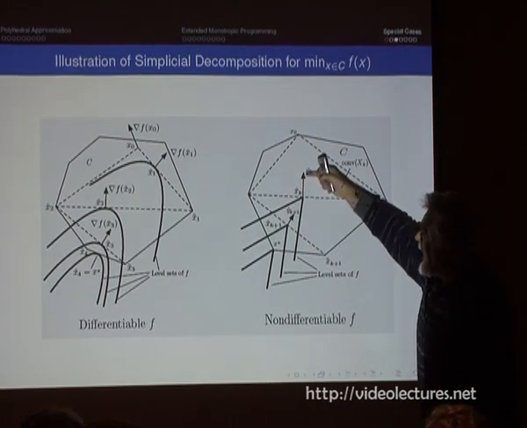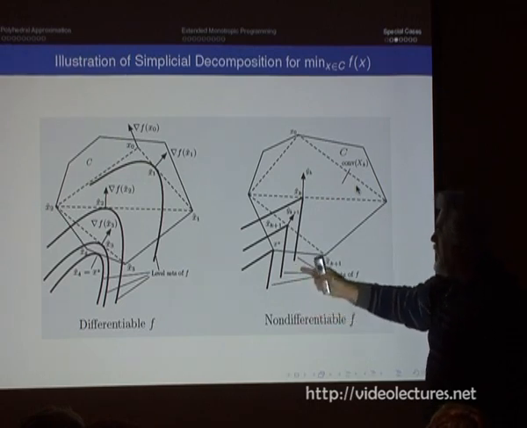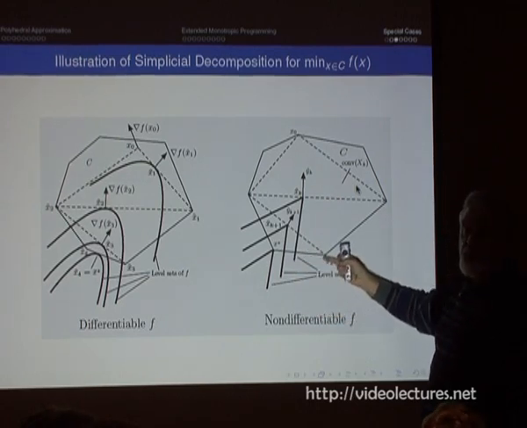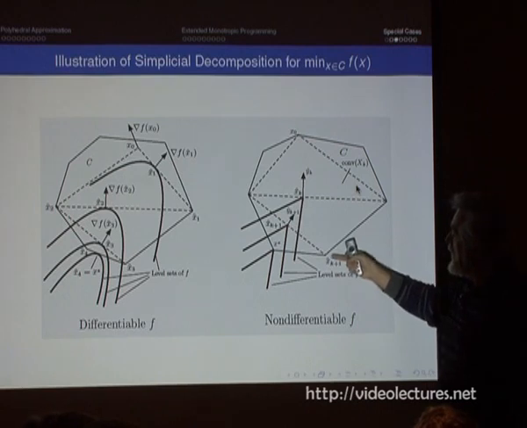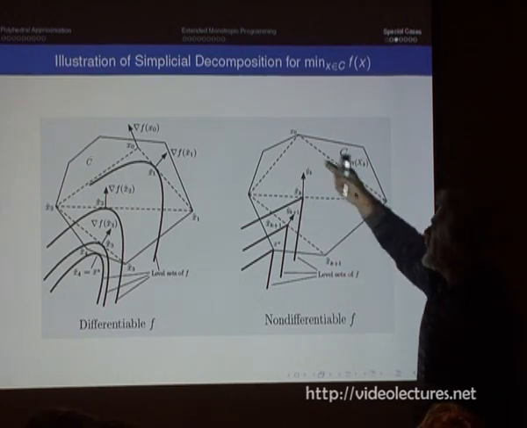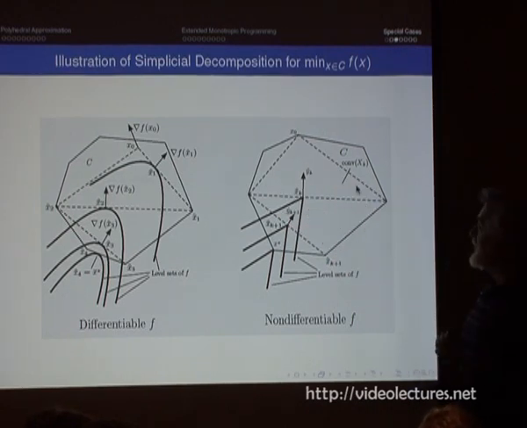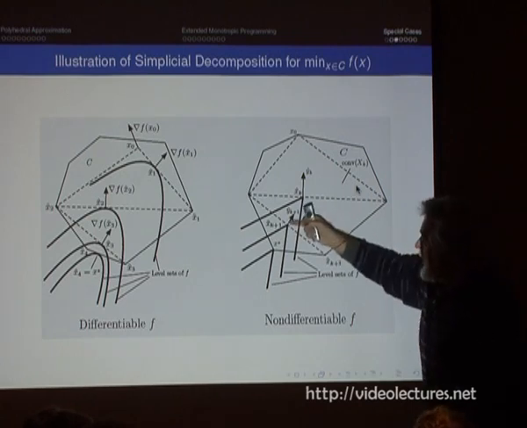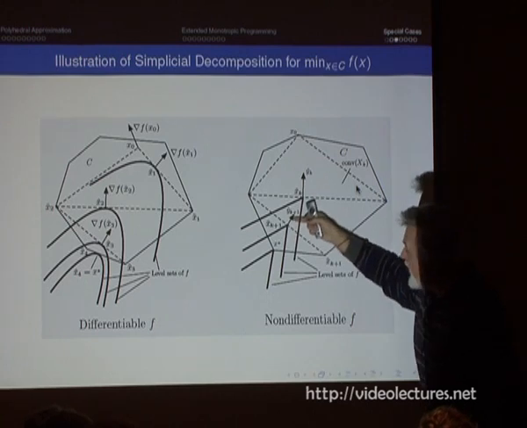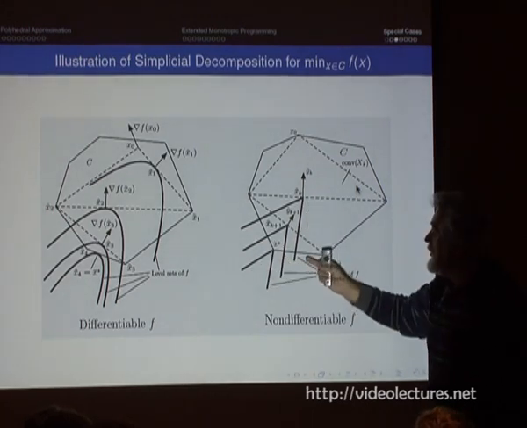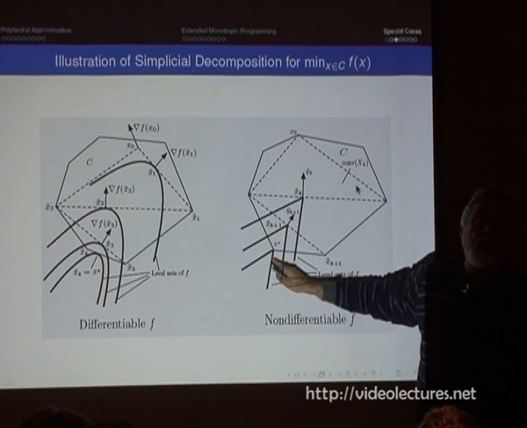Now you have this y hat. You go as far as you can in the direction of minus y hat to obtain an extreme point, and that's the x tilde that enlarges this current approximation. Get a new subgradient that's in the normal cone of the approximation, go in the direction of minus that, and you obtain the optimal point here.